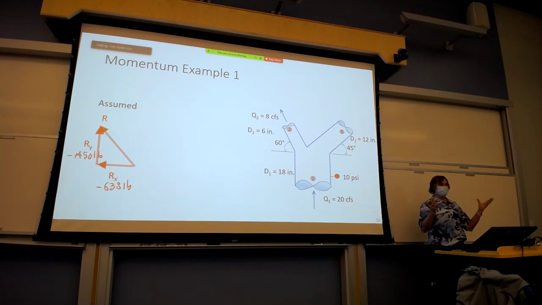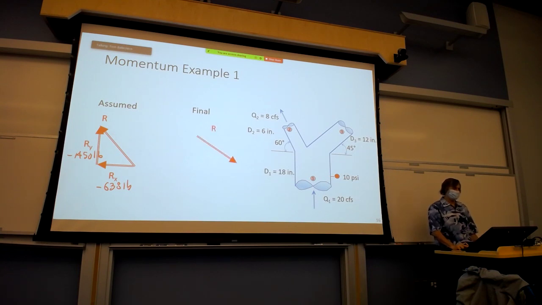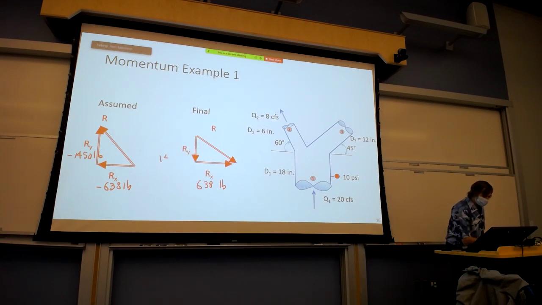So we use those negative signs to just have those component vectors go in the other direction. So our final analysis would be that this is the direction of the resultant vector. It's got a component to the right now of 638 pounds. And it's got a vertical component downward at 1450 pounds.